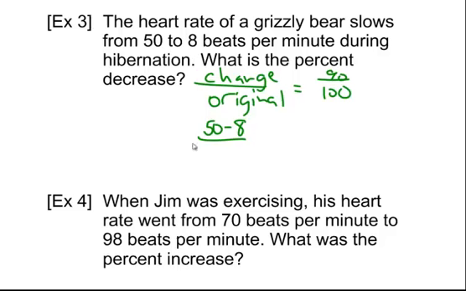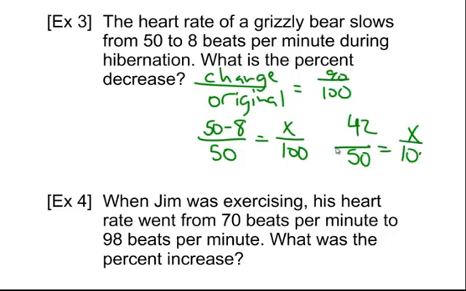And originally it was 50. The percent means we don't know, over 100. So 50 minus 8 is 42 over 50 equals x over 100. Again, I'm assuming that you can multiply, divide and cross multiply. And x is 84%.